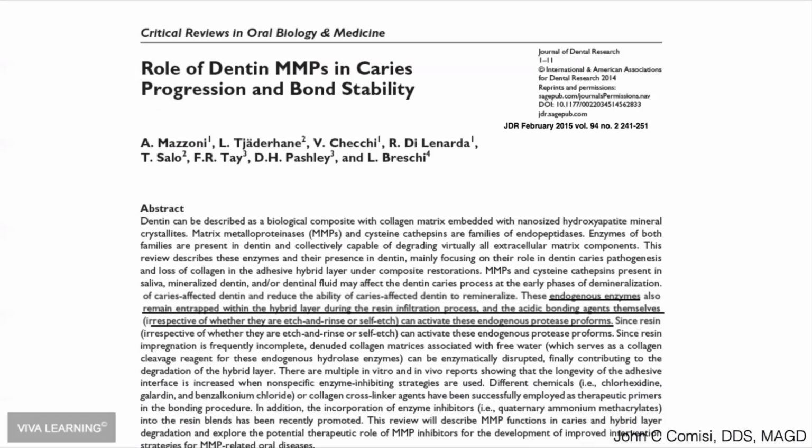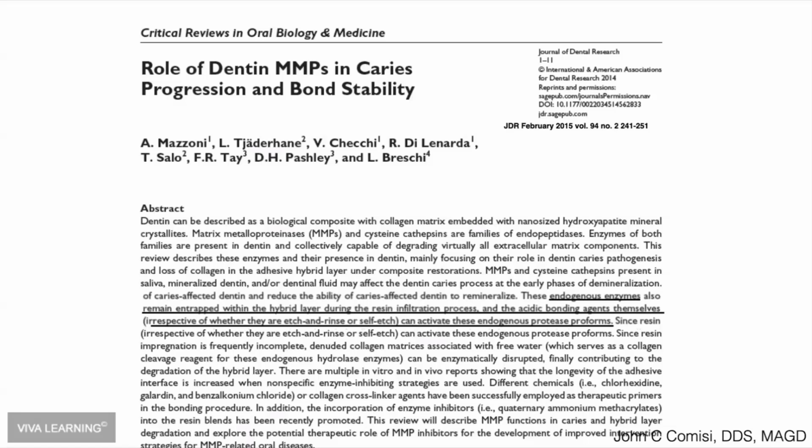A wonderful paper by Annalisa Mazzoni, Tay, Pashley, and Breschi several years ago talks about how the matrix metalloproteinases in caries progression create bond instability. And as underlined, it talks about the endogenous enzymes remaining entrapped within the hybrid layer during the resin infiltration process.